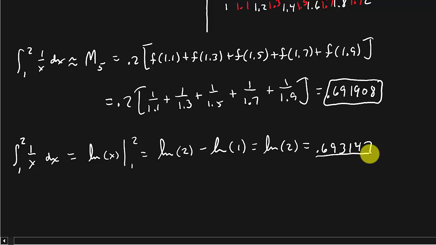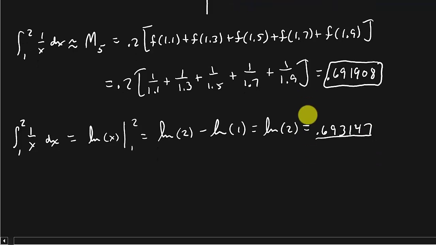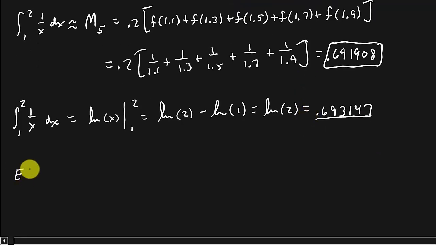Okay, so let's look at the error. The error in the trapezoidal rule, in this problem, is going to be the integral from 1 to 2 of 1 over x dx, so it's our actual value minus what we approximated.